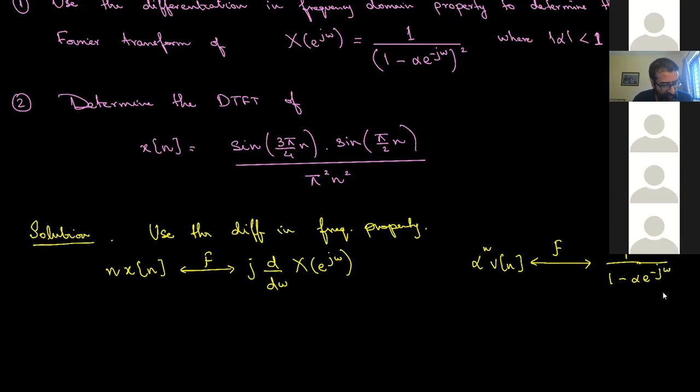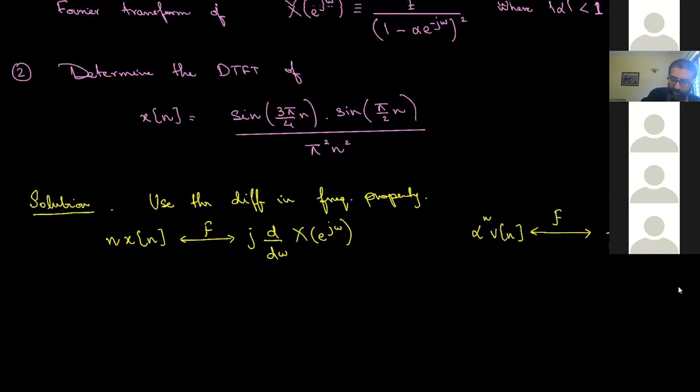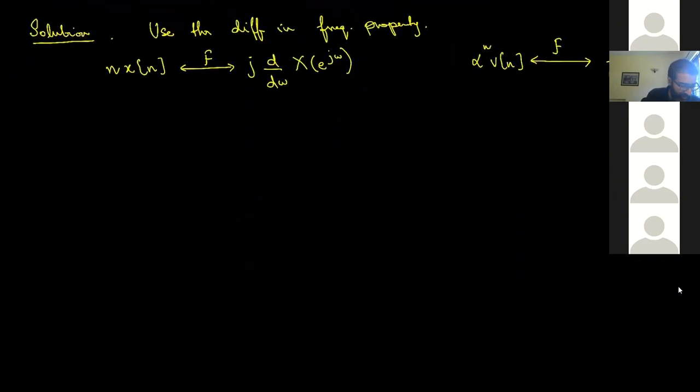So that's why I use the differentiation property in frequency, because if I differentiate with respect to omega, I'm going to get something which is squared in the denominator. So let me just apply that. So n times alpha raised to power n u of n will have a Fourier transform of what? The Fourier transform for this is going to be the differentiation of this with respect to omega.